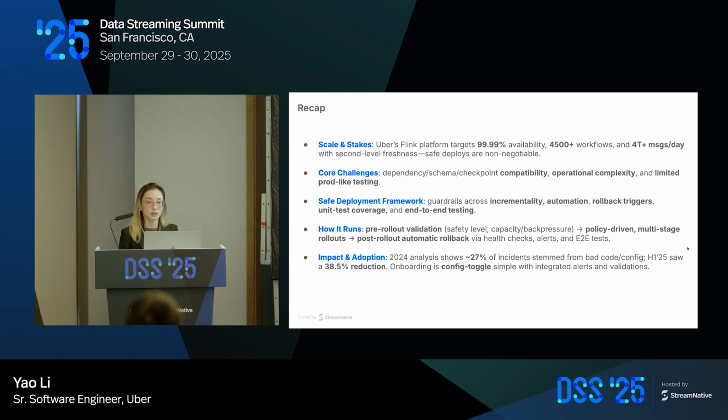And the onboarding journey is pretty easy and fast-free. And with some early adoptions in the first half of the year, we have already seen 38% of incident reduction. And with a broader range of customer adoption in the second half of the year, we're expecting this number to be higher.